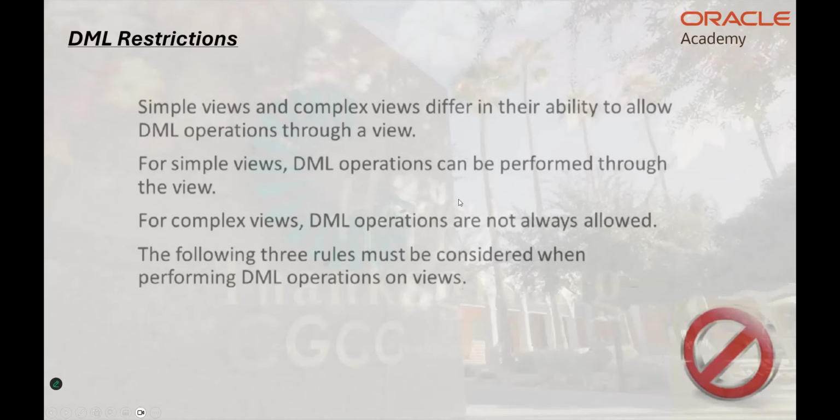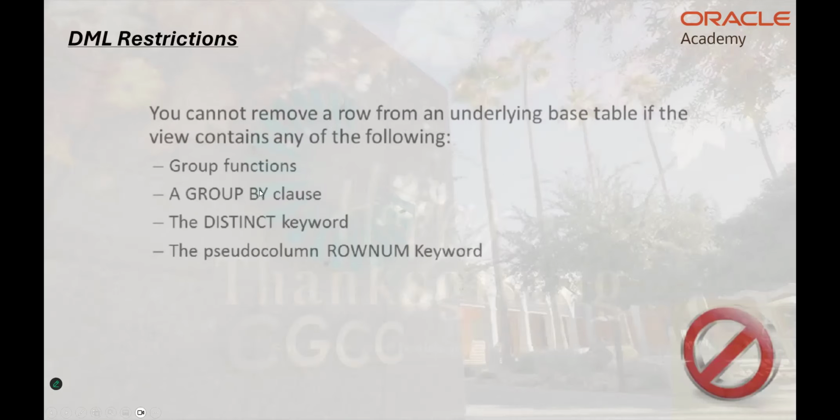All right, some restrictions as far as DML: simple views and complex views differ in their ability to allow DML, and you create that as a DBA. Essentially, you want to keep the simple views pretty wide open. You want to lock down the complex views, so I always make the complex views read-only, just in general.